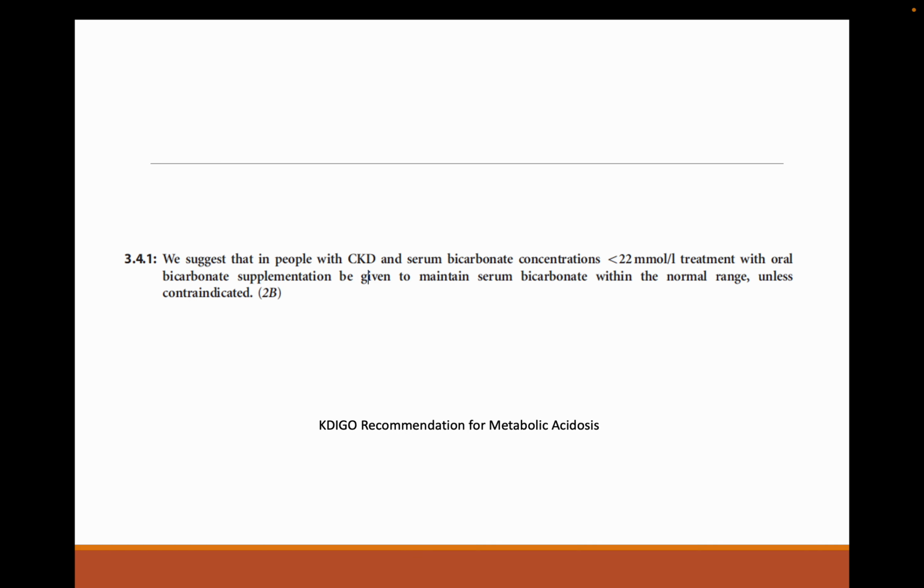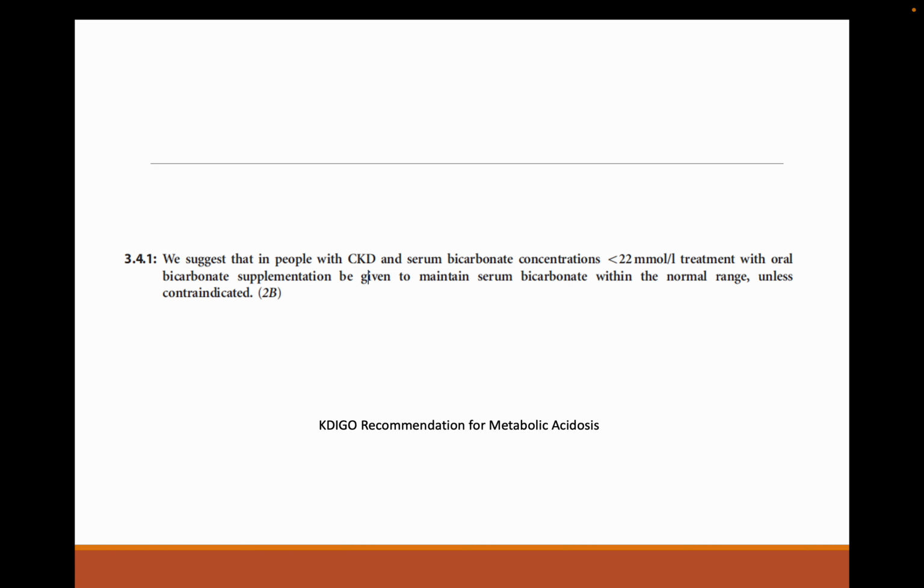So what is the use of bicarbonate in the case of a CKD patient? What is the role of bicarbonate? The KDIGO guidelines suggest that in patients with CKD and serum bicarbonate less than 22 millimoles per liter, treatment with oral bicarbonate be given to maintain serum bicarbonate within normal limits, unless contraindicated.